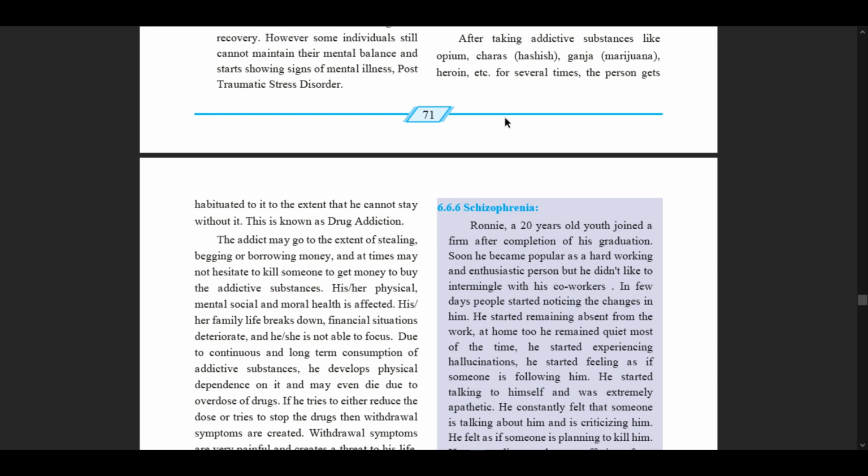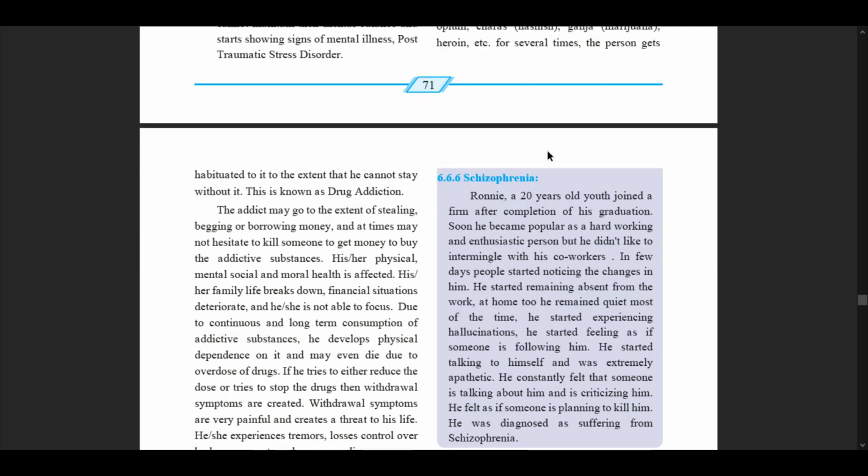He destroys his family bonds, financial situations deteriorate. That is, if he's already in debt, the debt keeps on increasing, or the mortgage keeps on increasing because of his addictions, not paying his dues on time just to get some of the substance that he or she smokes or takes to keep themselves calm in their life.